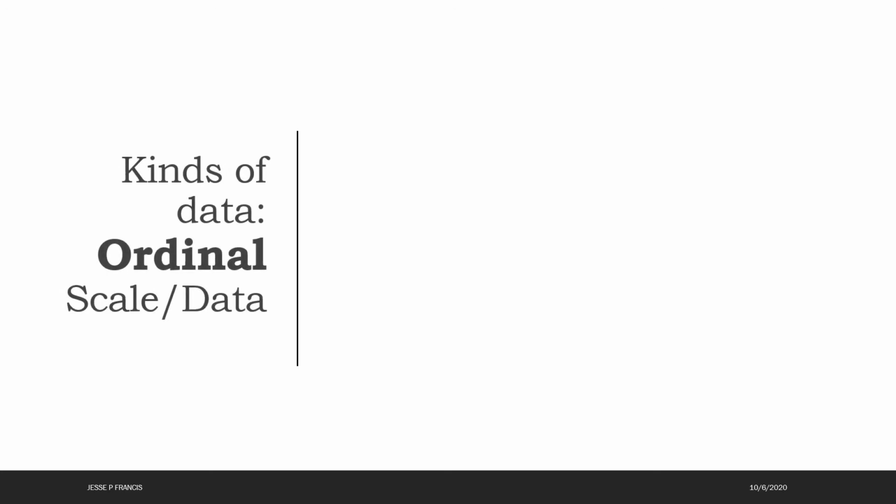Now, the second kind is ordinal scale. I asked you your like for mathematics. Some said, I love mathematics. Some said, I hate mathematics. Some said, I love and hate mathematics. Right now, my mission here is to make you fall in love with mathematics. So who should I give most attention to?